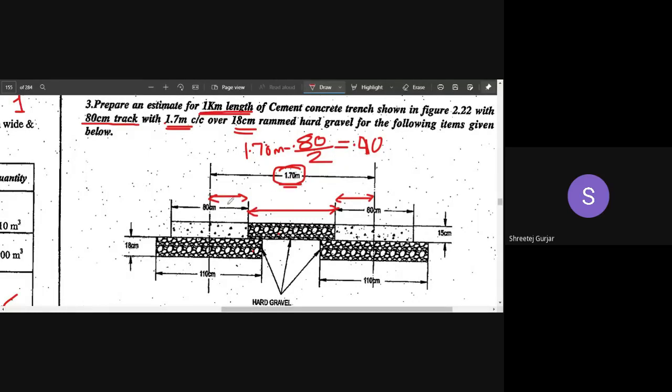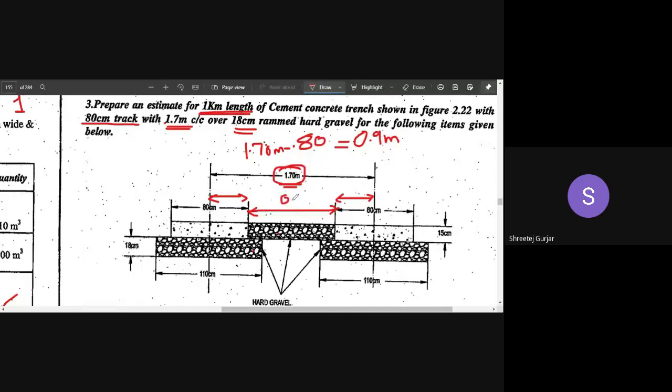Half of this and half of this will be 80. So if I do directly minus 0.8, 1.7 minus 0.8 is how much? 0.9. So whatever you told in the starting was correct, 0.9 meters.